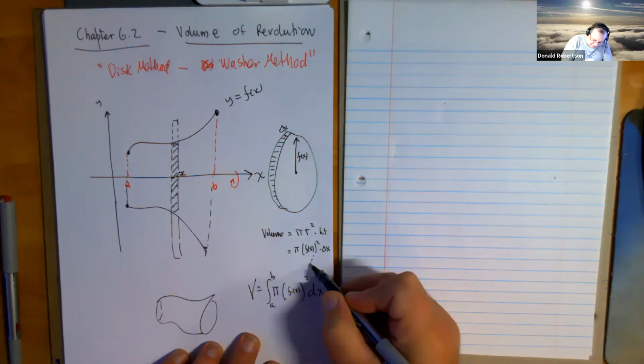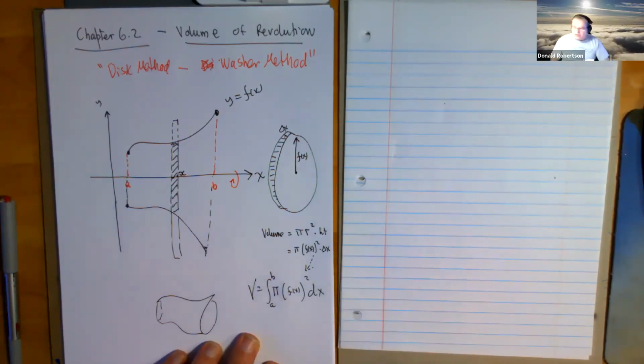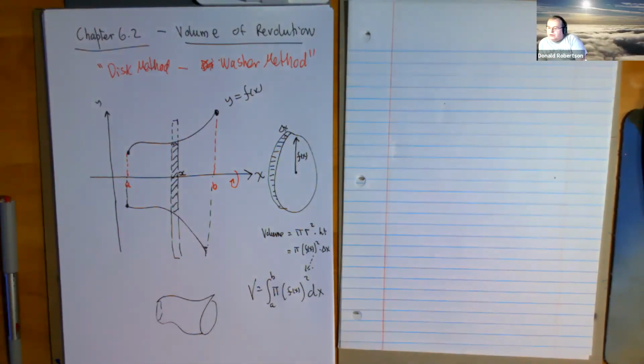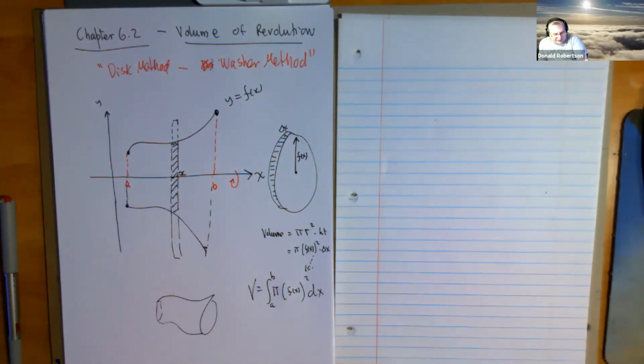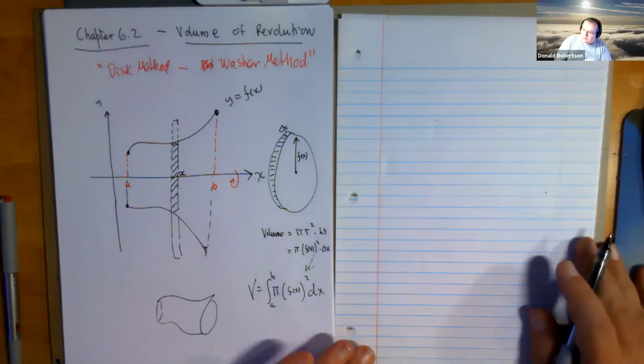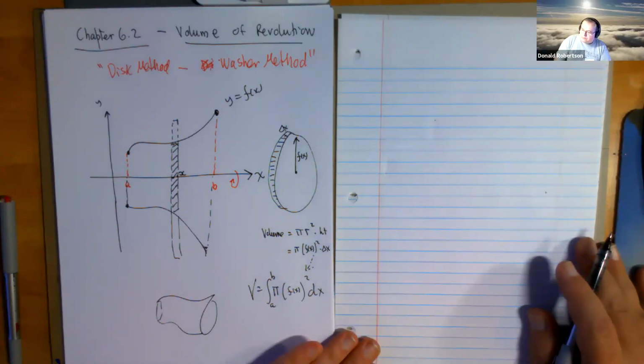So do you see how this generated the formula that we're going to use? So we now have a formula. If you want to rotate a single curve about the x-axis, you will use this formula. There we go.